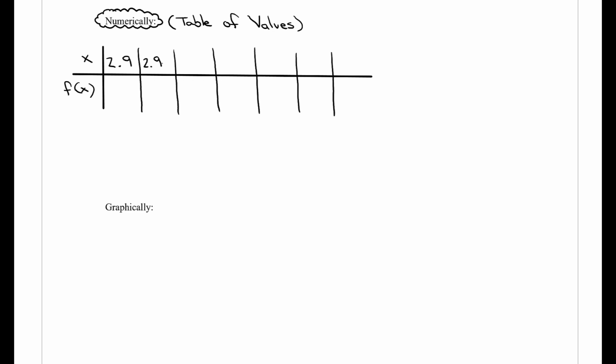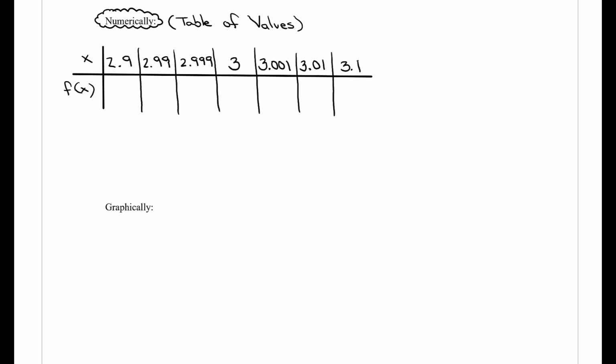For x, from left to right, I'm going to choose the values 2.9, 2.99, 2.999, 3, 3.001, 3.01, and 3.1. When I substitute these x values into f of x, I'm going to get the following values.